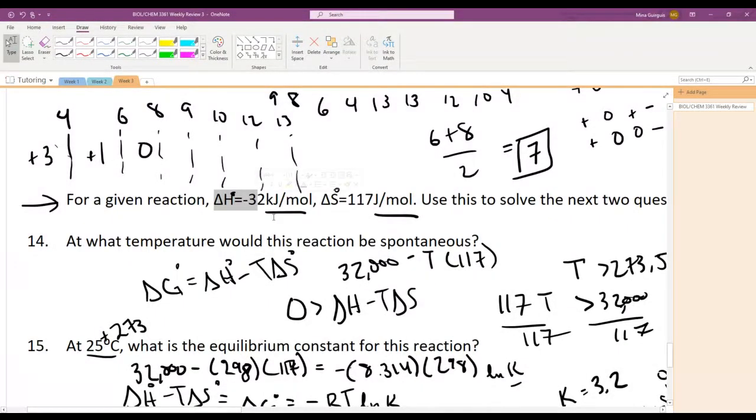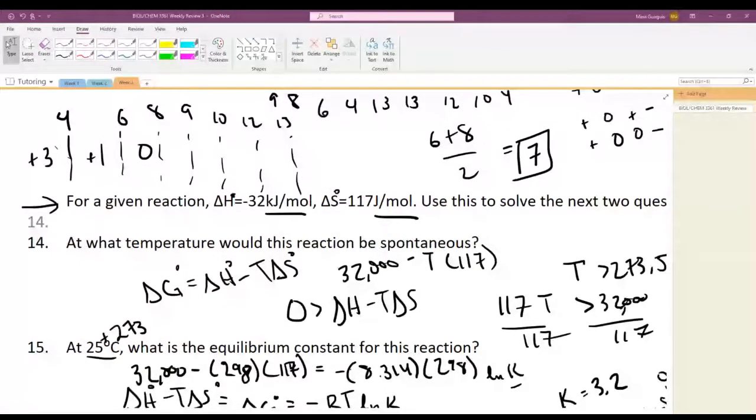The delta H and the delta S, with those in mind. If both are negative, spontaneous at low temperature. So here we have negative delta H, positive delta S. Spontaneous at all temperatures, exactly right.